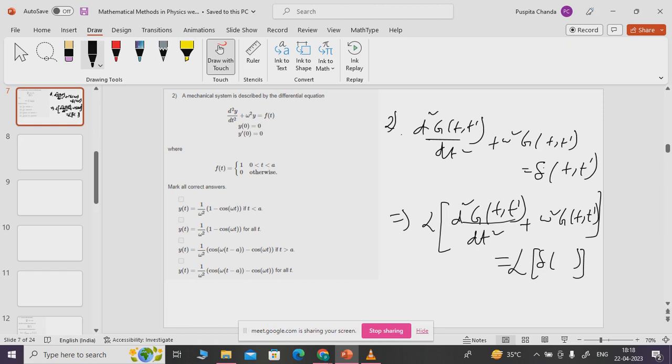Okay, sorry, it is not. It is δ(t'-t), and it is also t' t. So we need to consider here also, for simplicity, y(0) = 0 and y'(0) = 0.